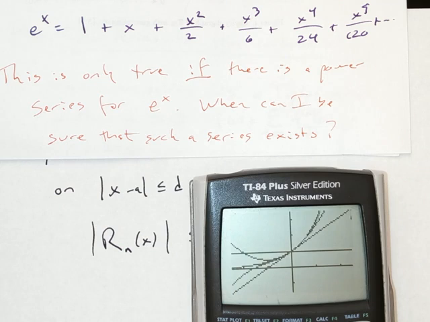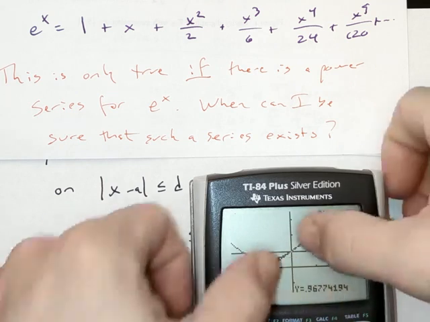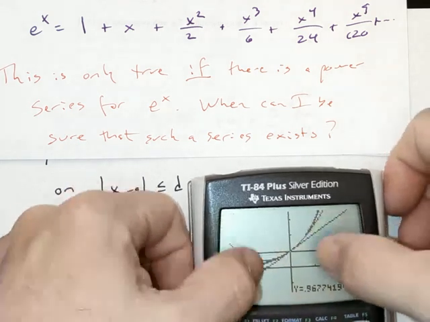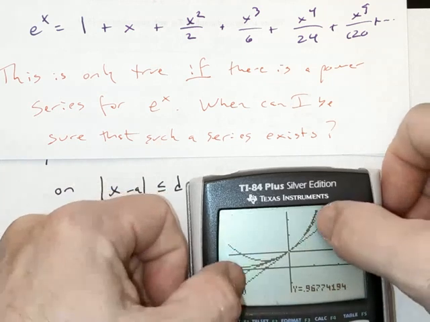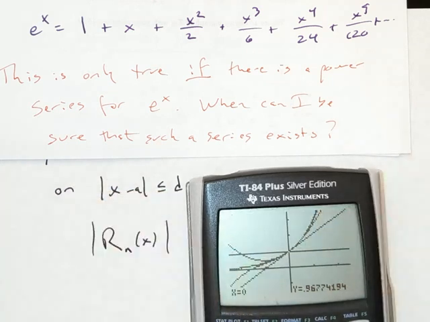Notice how the part where the curve of the polynomial overlaps the curve of e to the x keeps getting bigger. We went from just barely touching it to overlapping on a small interval, then the parabola overlaps on a larger interval, and then the cubic equation overlaps on an even larger interval. I did a 4th equation, 5th equation, that grows and grows and grows, doesn't it?